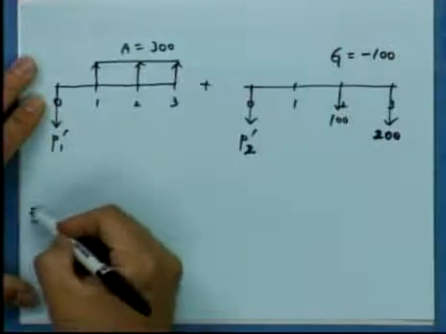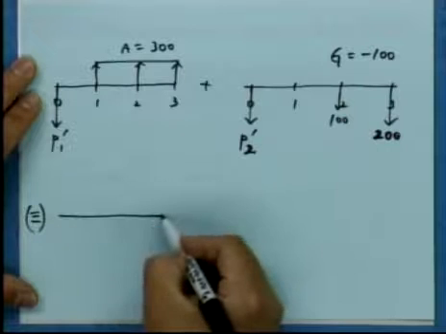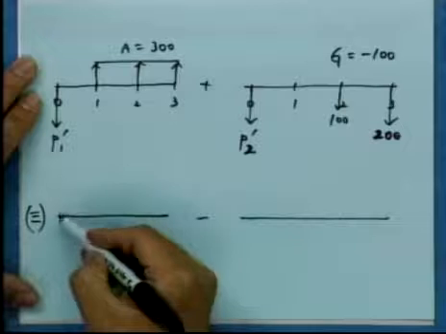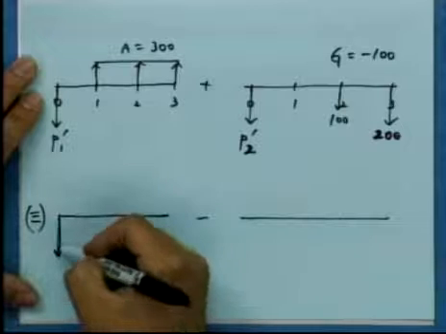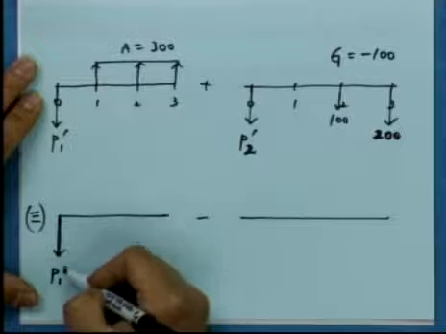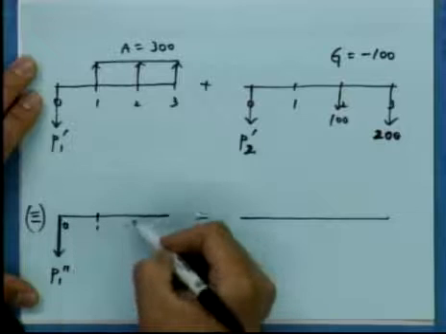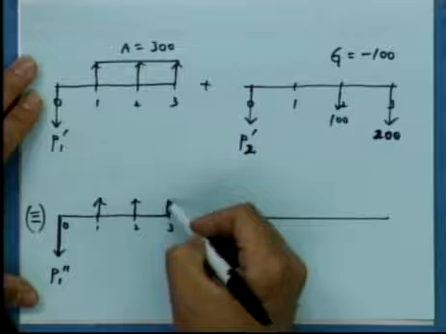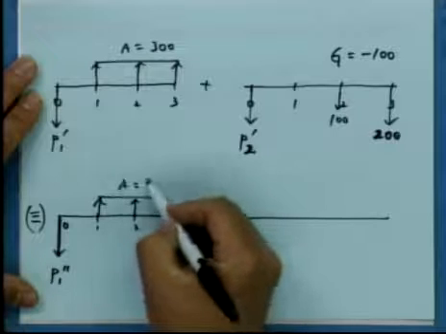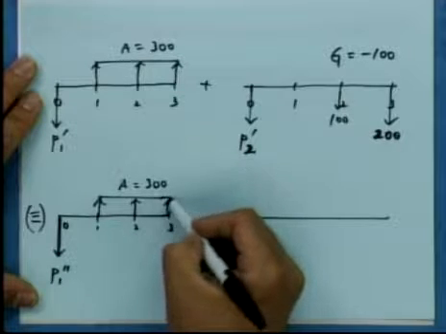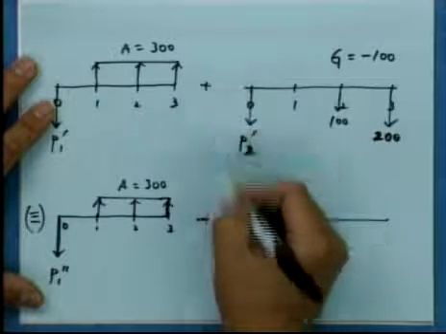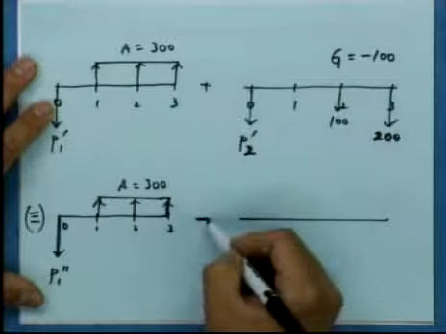this is exactly the same as this, let's say this is the P1 double prime, 0, 1, 2, 3. Uniform series of $300. Then instead of positive sign, we have negative sign here.